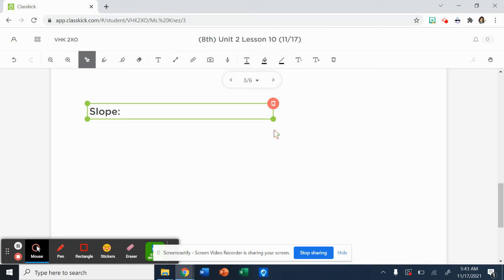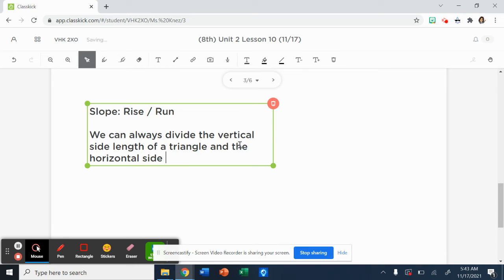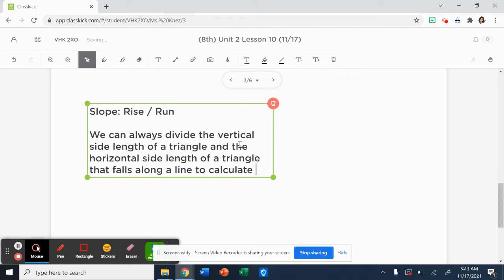The slope is defined as the rise over run. And what I mean by that is for any point on the line, we can always divide the vertical side length of a triangle and the horizontal side length of a triangle that falls along a line to calculate slope.